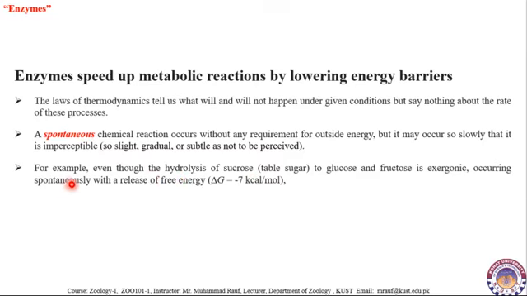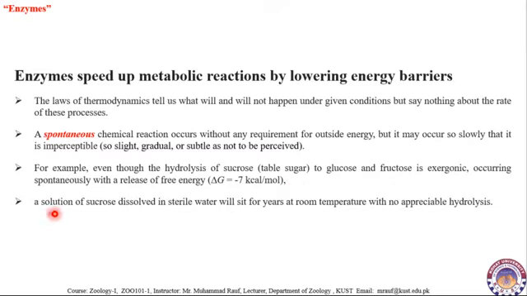So this process is spontaneous, and the energy which is released is delta G minus 7 kilocalories per mole. Delta G refers to the energy available to perform work. So this exergonic reaction produces this amount of energy which can be used to perform work.